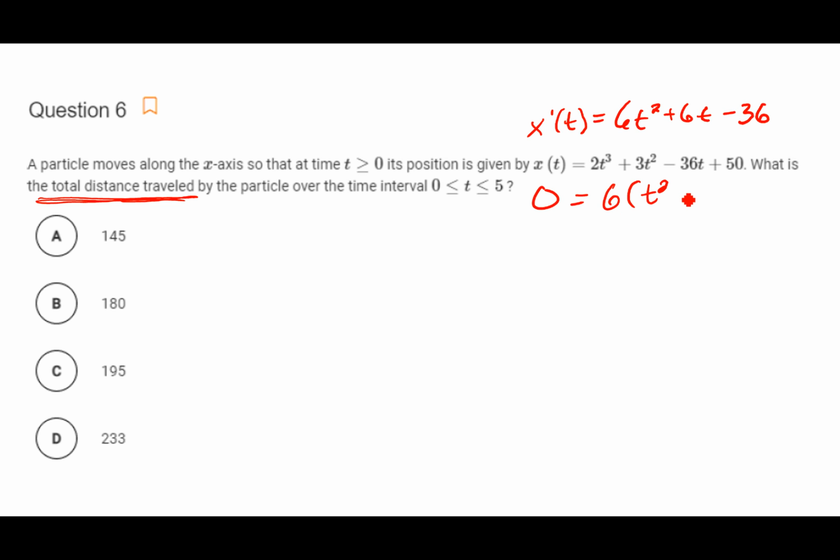So this is t squared plus t minus 6. I could factor this to be t plus 3 and then t minus 2. So it equals 0 when t is negative 3 and t is a positive 2.